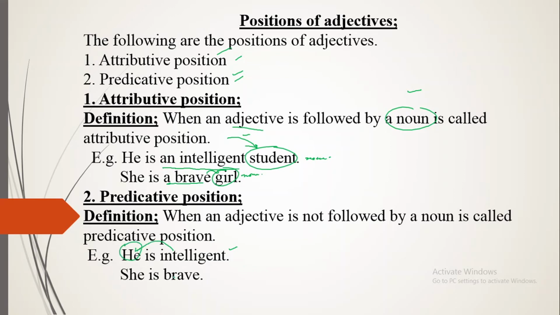She is brave, brave is adding something in the meaning of your pronoun. So over here intelligent and brave are adjectives in predicative position. Why? Because the adjective isn't followed by a noun. So hope you got the difference between attributive positions and predicative positions.